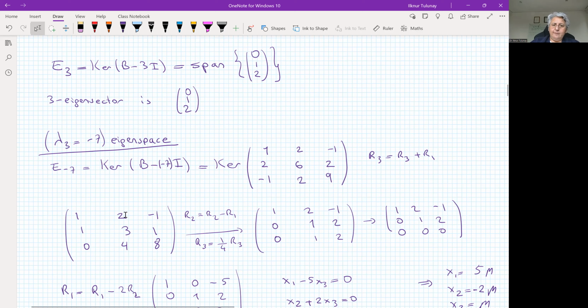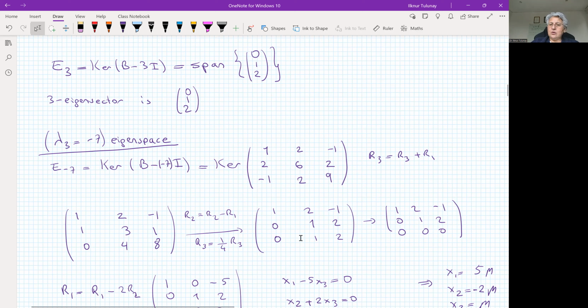This position is 0. This 3 minus 2 will be 1. Minus of this one will be plus 1. And adding this one will be 2. So that's the second row. For the other row, 4 is a common factor, so we can divide by 4. Then we will have 1, 2.